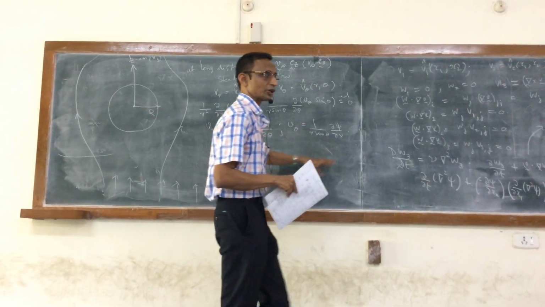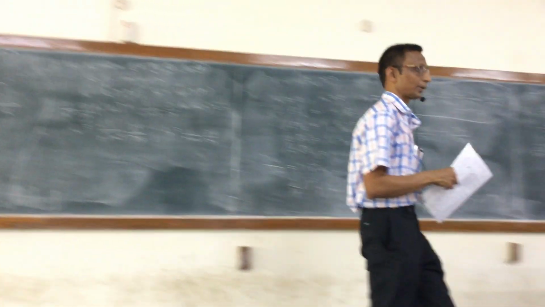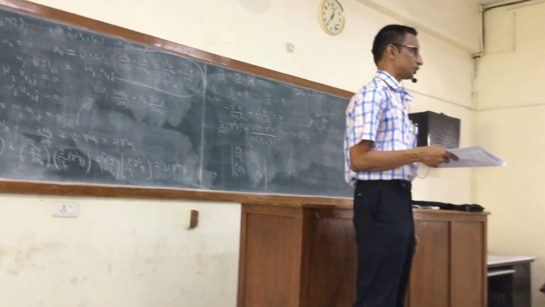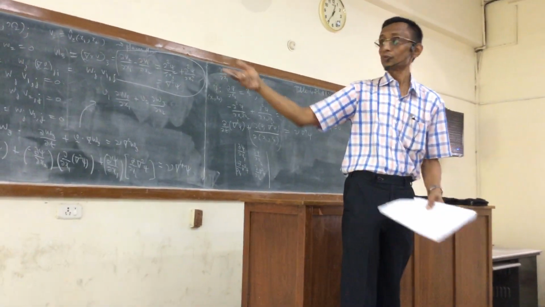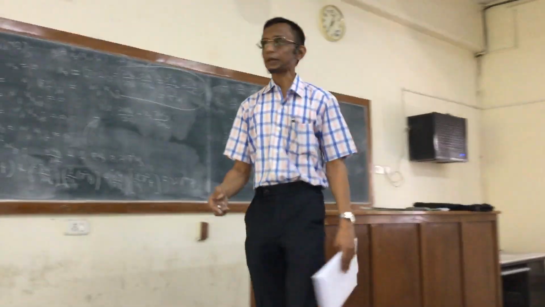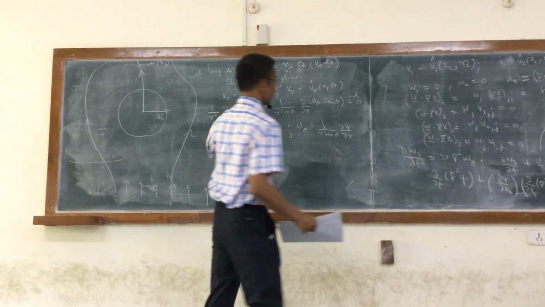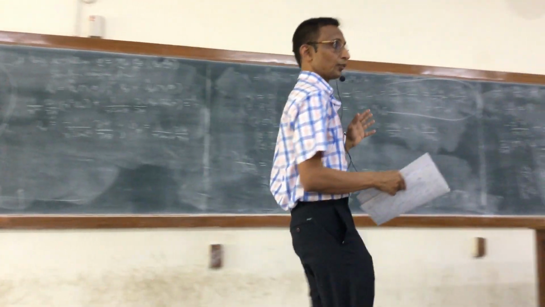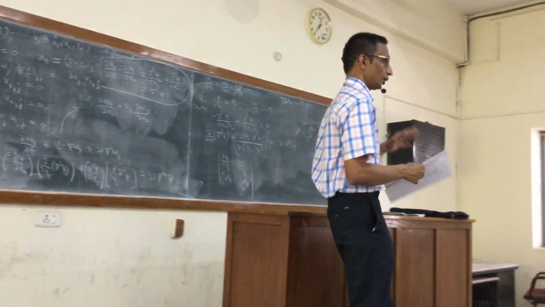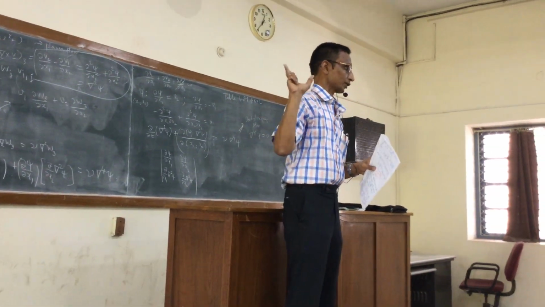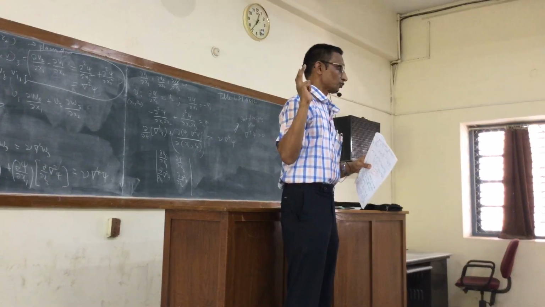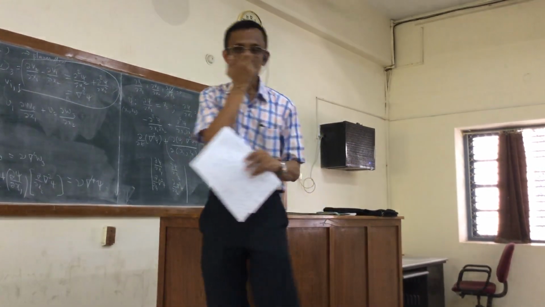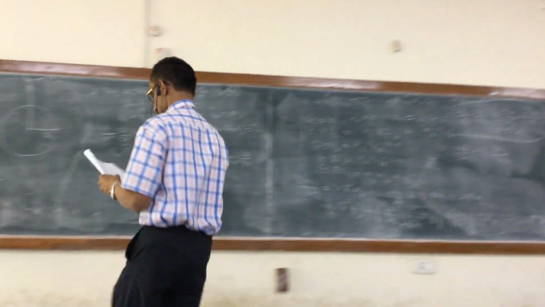V theta is another function of r and theta, d psi by dr. We call one of the functions f and the other function g. So you take that form and substitute it here. You should get equations for f and g, and you will see that there won't be a unique solution, but certainly this solution will correspond to one of the solutions for f and g. That's one way to proceed. You can try it out, but I'm not going to do it now.